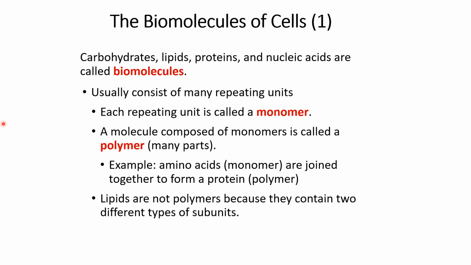But these chains can also fold in on themselves and make a 3D structure. So you can get lots of variety. But each building block or each subunit is going to be called a monomer. And when you link them together and you have these long chains or nets or 3D model, we call it a polymer.